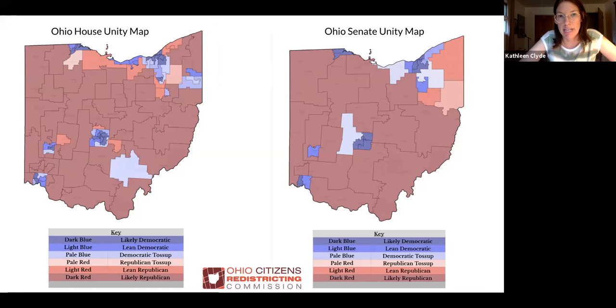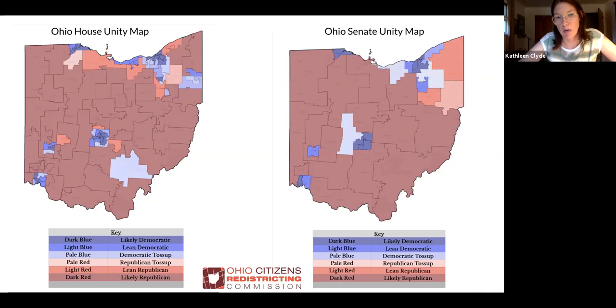If you look at Mahoning County up in Northeast Ohio, where you have a slightly darker blue, and then lighter blue within the district bordering Pennsylvania, that county has two Democratic leaning districts, but they are both very competitive, one slightly more than the other, as you can see by the shading.